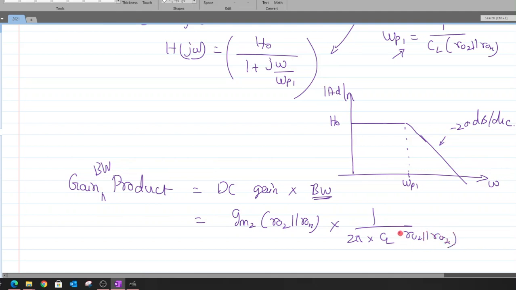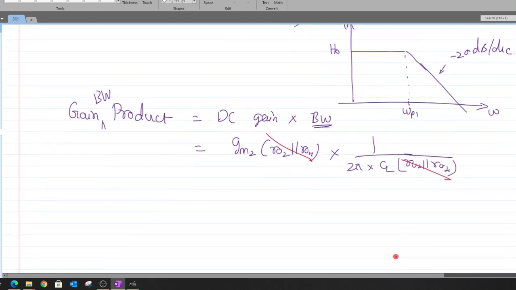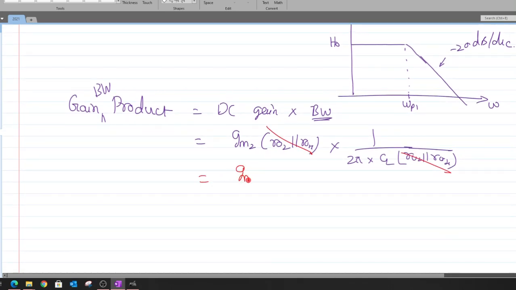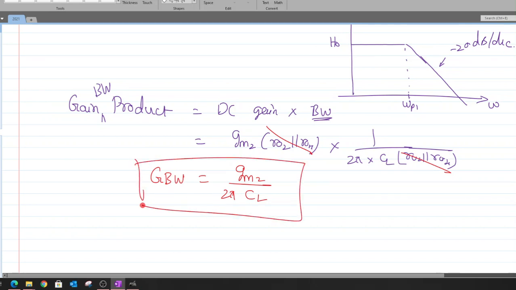Now we can cancel out some of the common terms, basically the output resistive term, and we end up having a value GM2 by 2 pi times CL. So GBW, the gain bandwidth product, we end up having this as our definition.